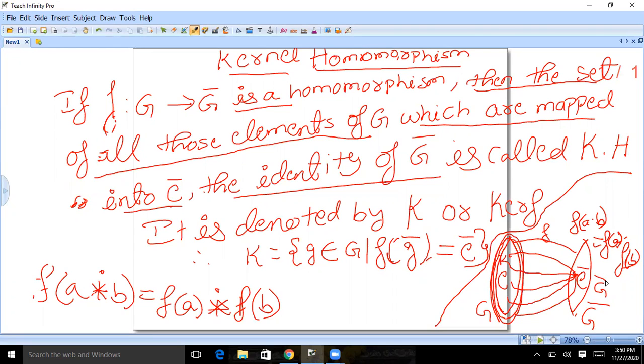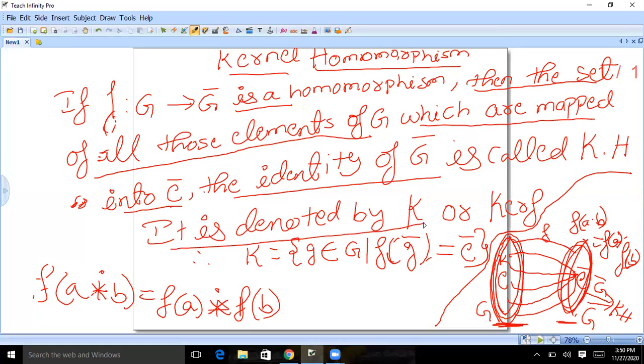Let me say once more: all those elements of G mapped into the identity of G bar. This identity is called the kernel of homomorphism.